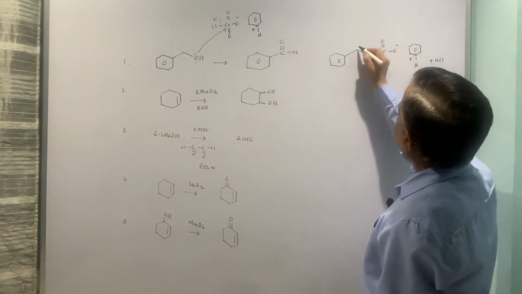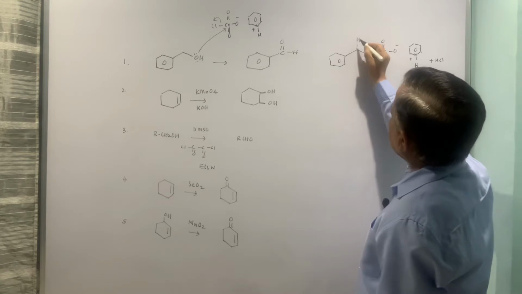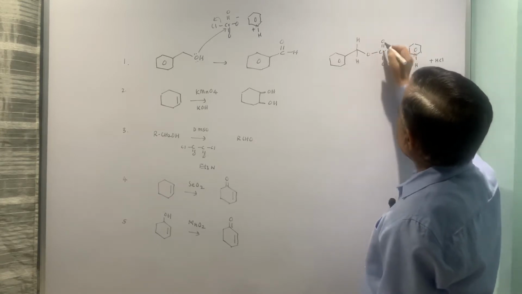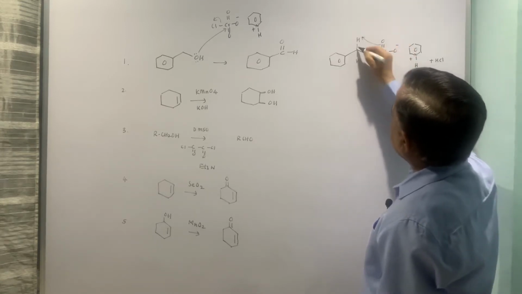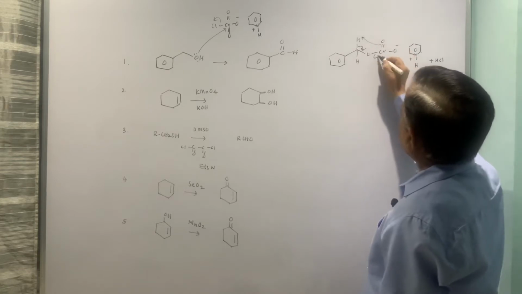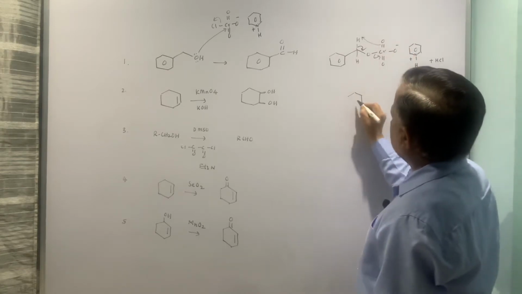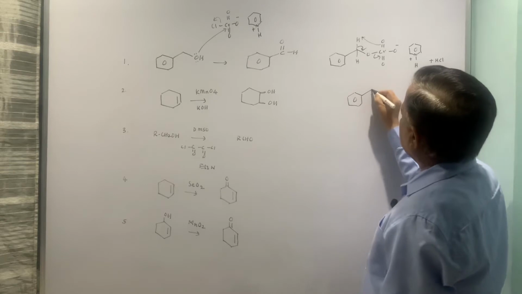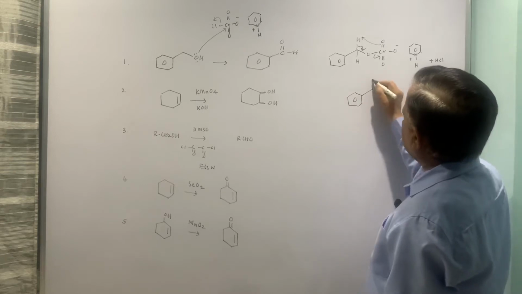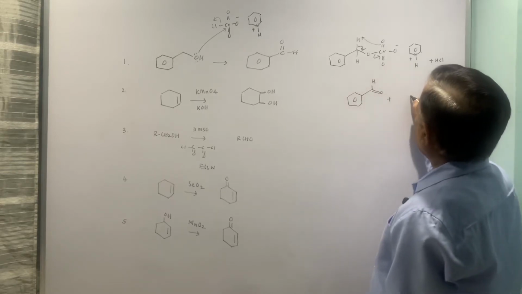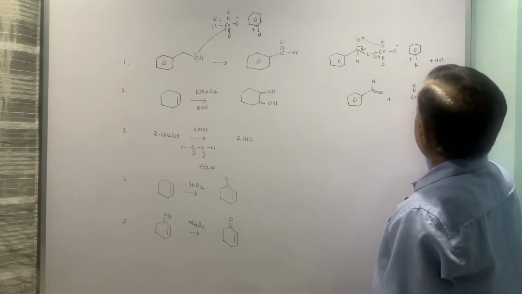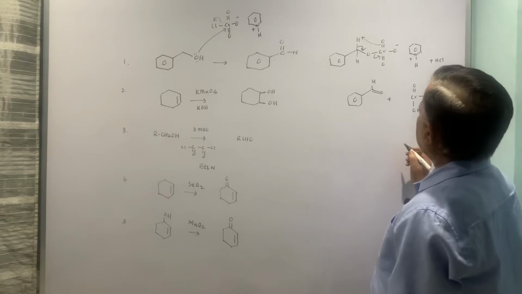Now there are two protons, benzylic protons. I will just put it in this way, and upon workup, see, this becomes aldehyde and this becomes CrO, O minus, OH.